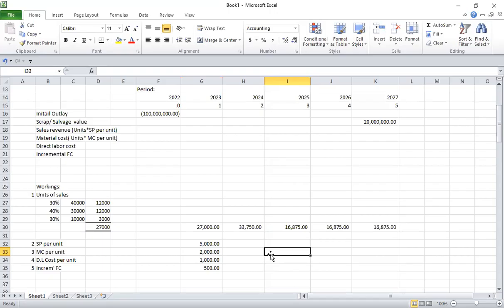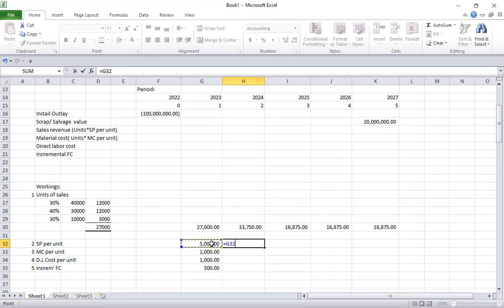Now, what increments do we need to have on them? Let's start with selling price. The selling price for year one is this 5,000 shillings. Remember, we need to increase it by the expected inflation.